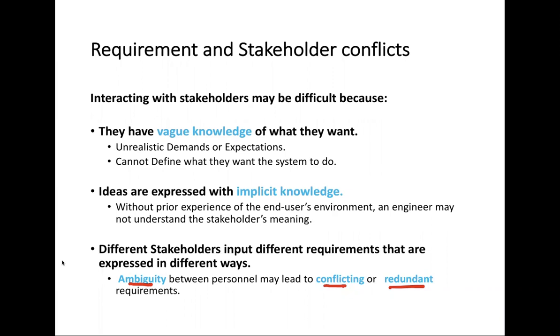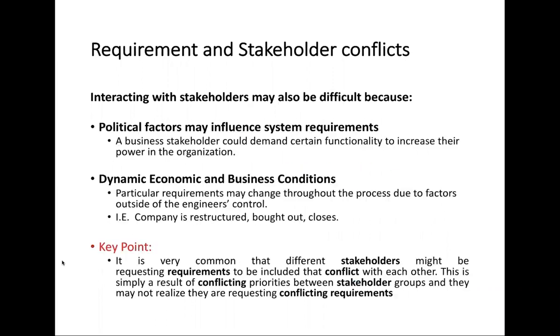In addition to this, you might be surprised that this is not the only reason why it's hard, because other reasons are mainly related to economic conditions or even political factors that may influence the system requirements. We might find that business stakeholders could demand certain functionality to increase their power in the organization.